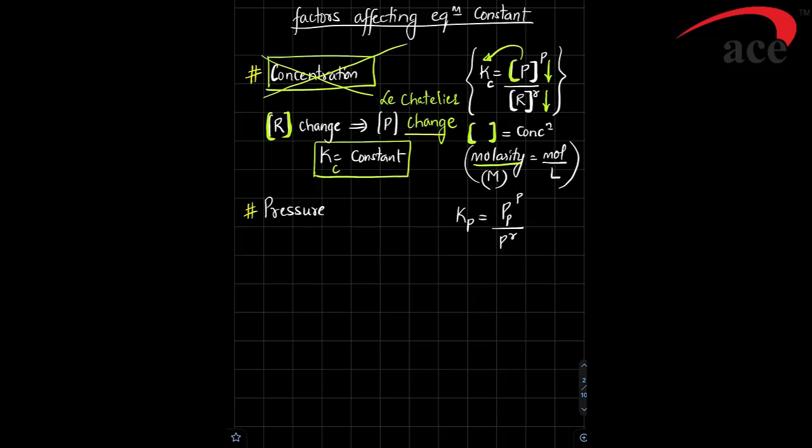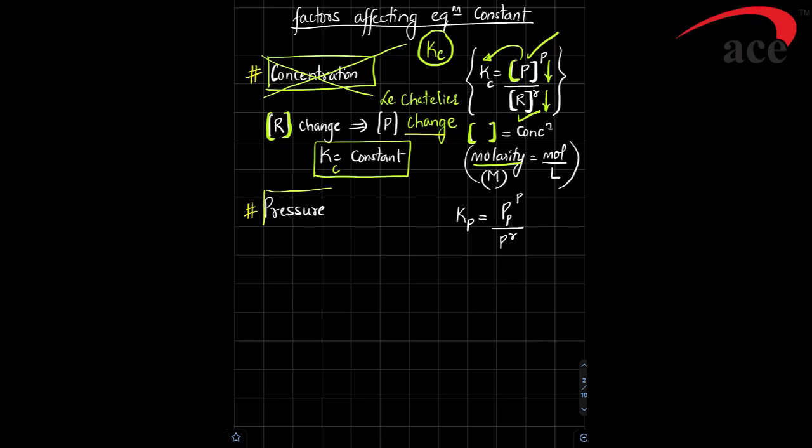It decides only the value, not Kc. So once the Kc value is calculated, whatever the different concentration of product or reactant, the Kc value will remain the same. So the Kc value doesn't change with a change in concentration of reactant or product.